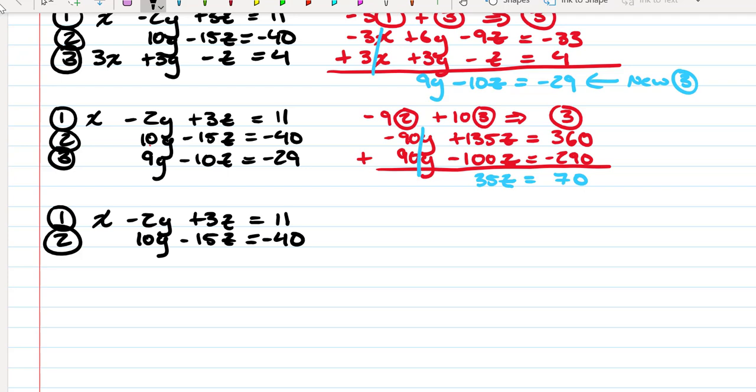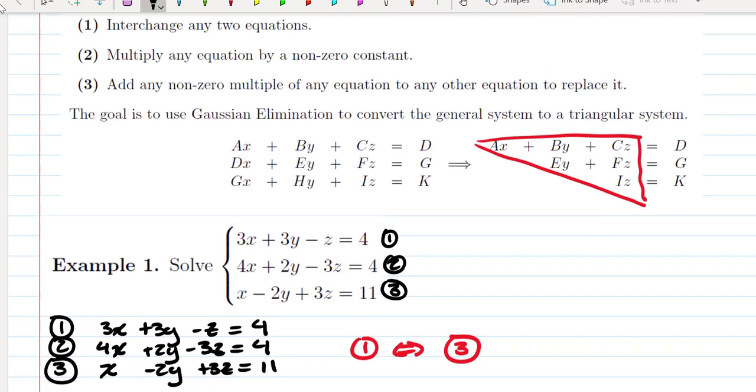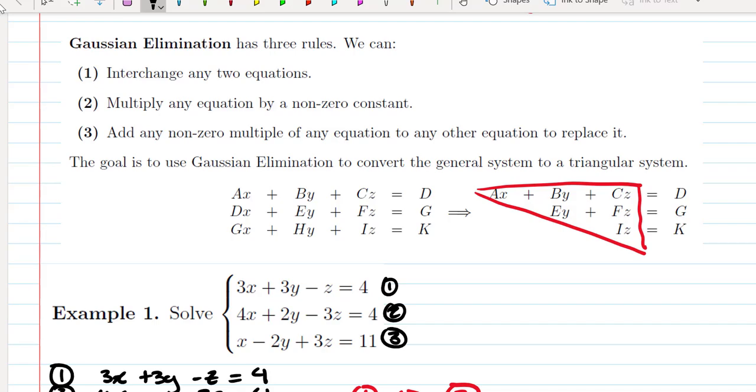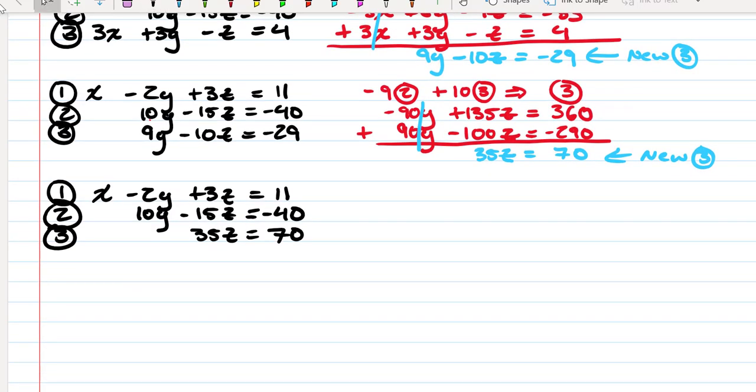And finally, our new equation 3, once again, is going to be 35z is equal to 70. So now, after all of that, we have it in triangular form. So we've reached our goal. So this is triangular form.